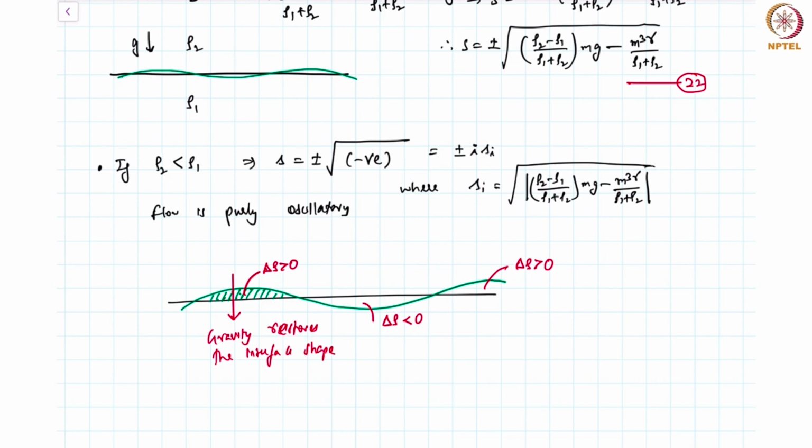Notice that the surface tension term is negative, and it does not change with the sign of the density. It's always negative. That's understandable again, because any undulations that you create on the surface will lead to an excess surface area, which is undesirable.